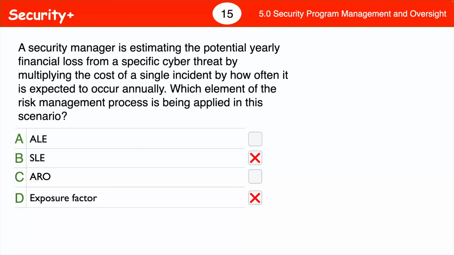And finally, we can eliminate C, ARO, which is annualized rate of occurrence, which tracks frequency alone without calculating financial impact. And that leaves us with A, ALE, and that calculates the expected yearly financial loss from a specific threat by multiplying the single loss expectancy, SLE, by the annualized rate of occurrence, ARO.